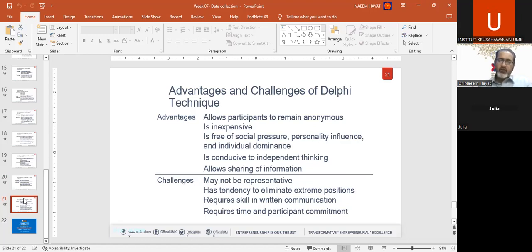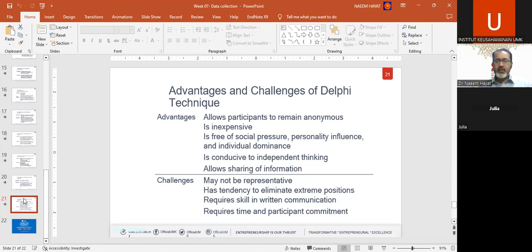So today, we talk about some practical issues that we need to deal with while collecting the data. We already have an instrument, then we apply the instrument to collect the data. There are multiple tools available for data collection.